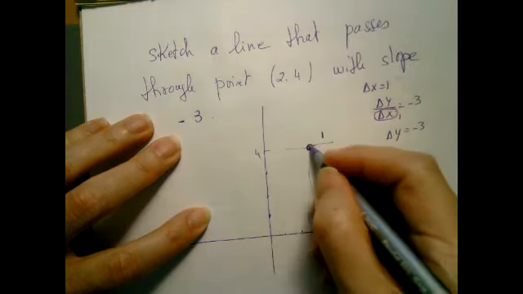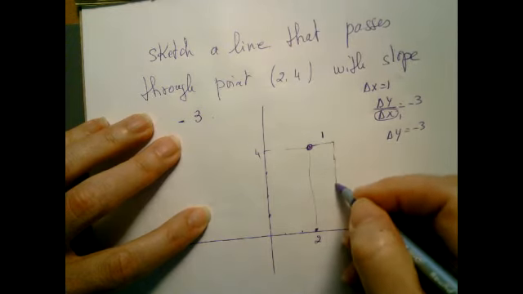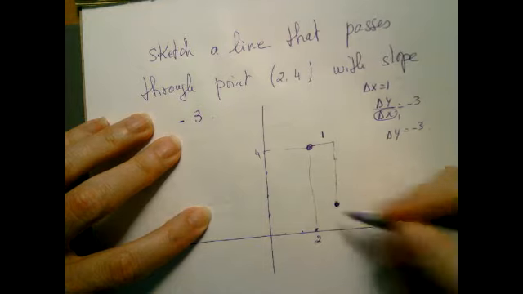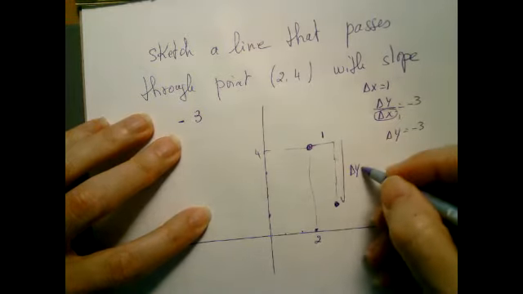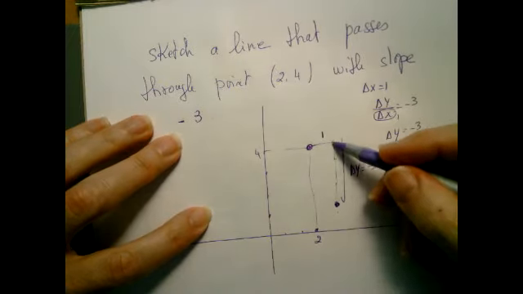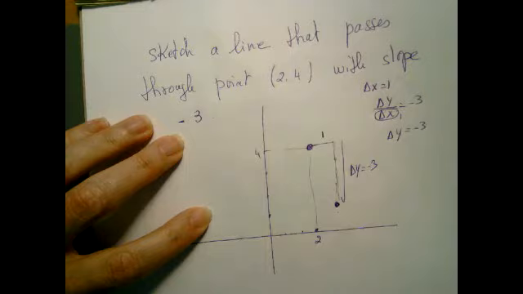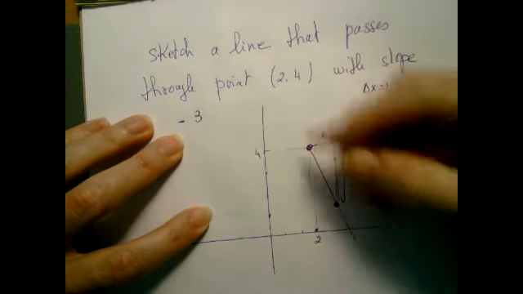If I move by 1, the graph is going to go down by 3 units. So that's another point on the graph. That's the delta y here, which is -3. So the slope is the rise or the fall per unit of run. And my line now is nothing more than that. That's the line.